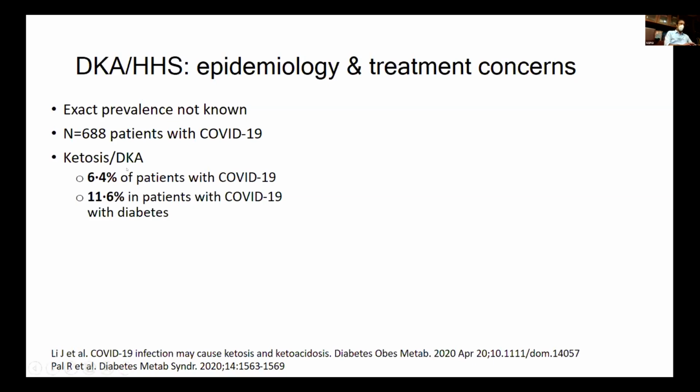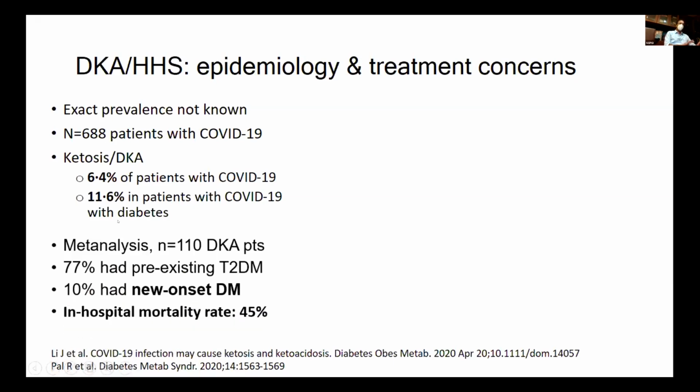There are a couple of studies, and you can see the prevalence is really high. Usually this is not seen even in classic patients of type 1 diabetes. So the prevalence is really high in patients with COVID. We can even see patients who got COVID but did not have diabetes. They also have ketosis. So one should really check if the blood sugar is more than 250.